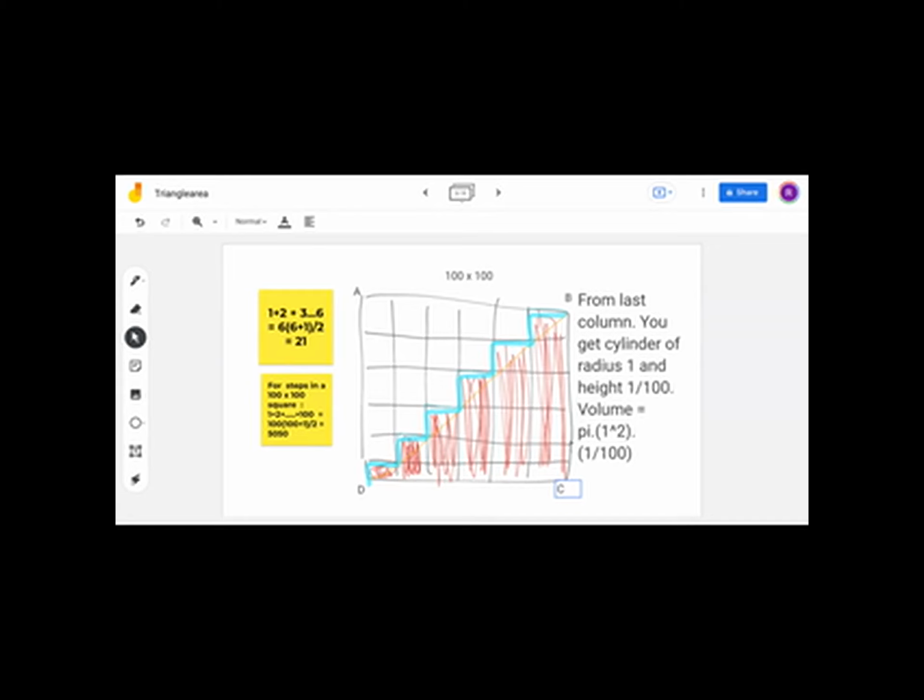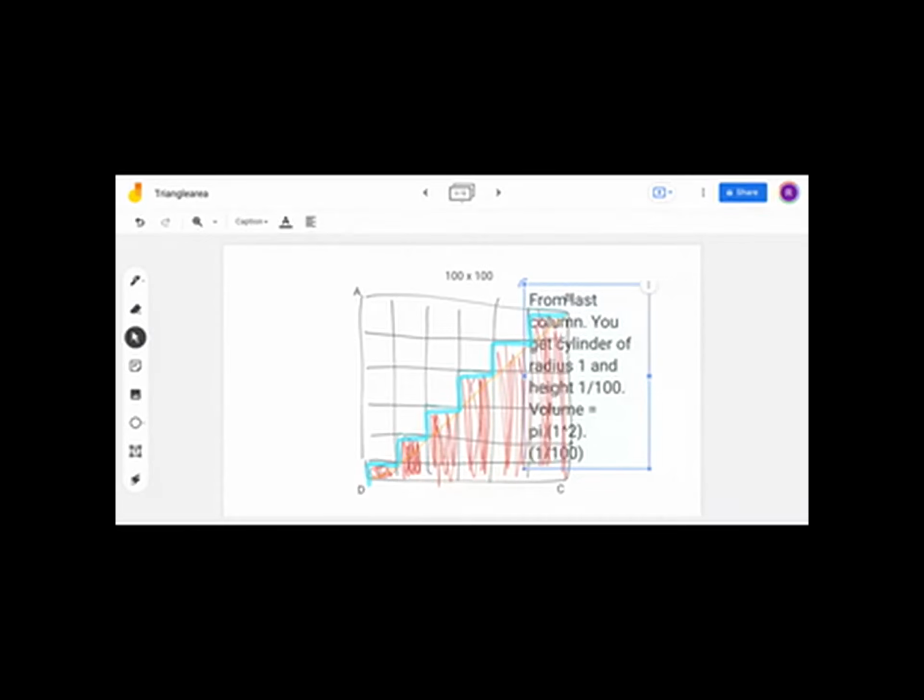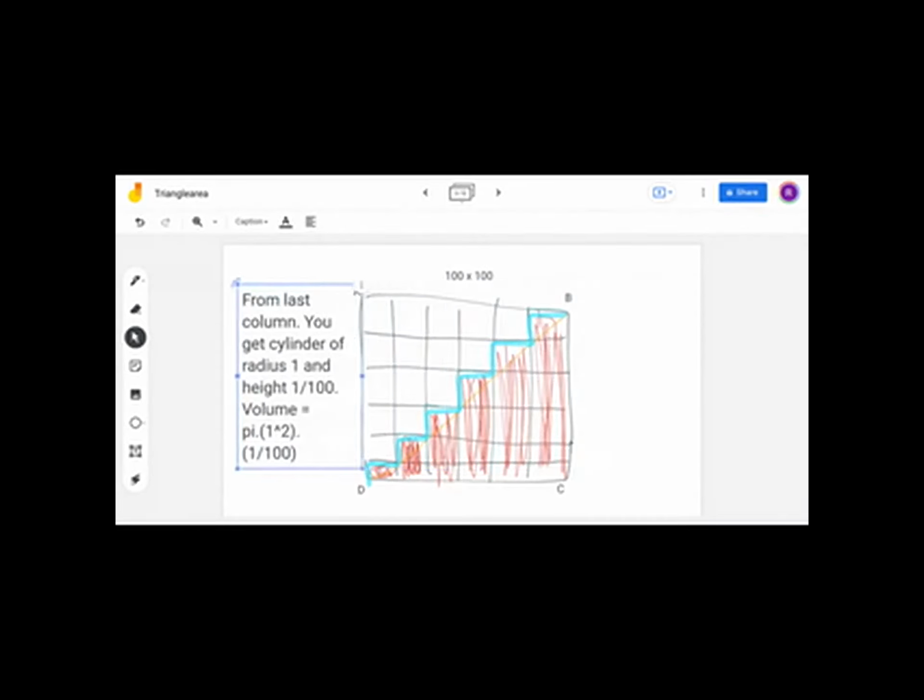Okay, now can someone tell me how to add up and simplify? How will you add up the volume of the different cylinders? Volume of each cylinder times the number of cylinders. Okay, but from the first column, you will get a cylinder of radius 1 over 100.